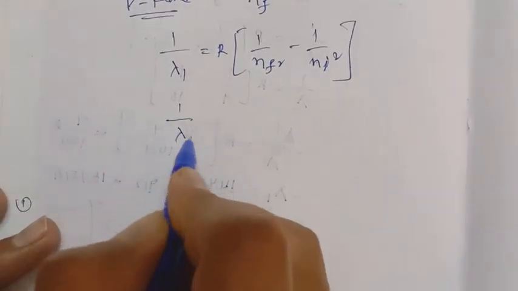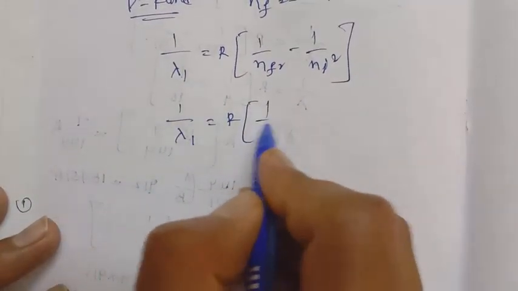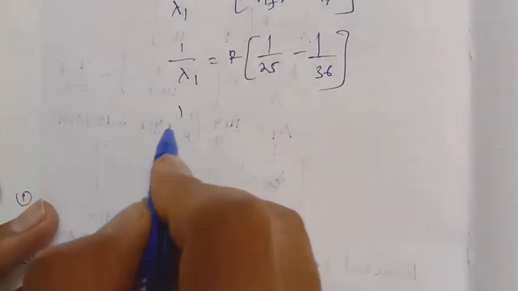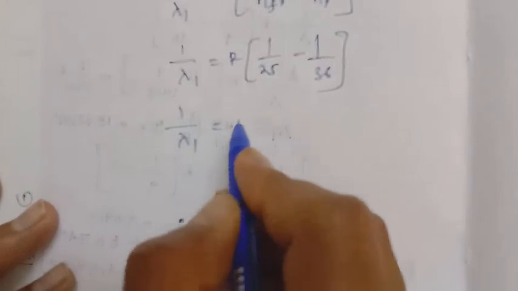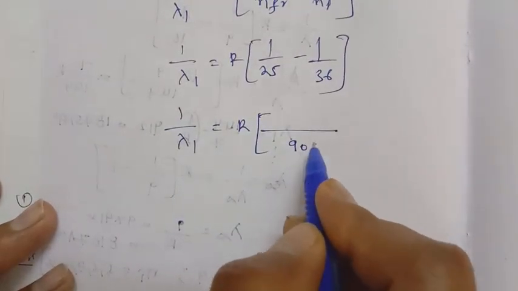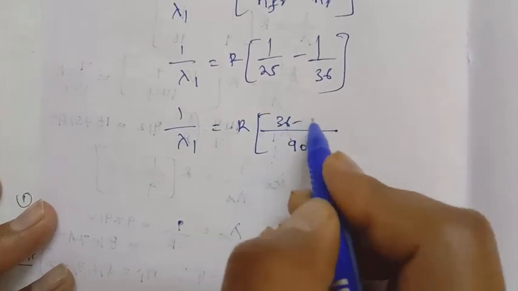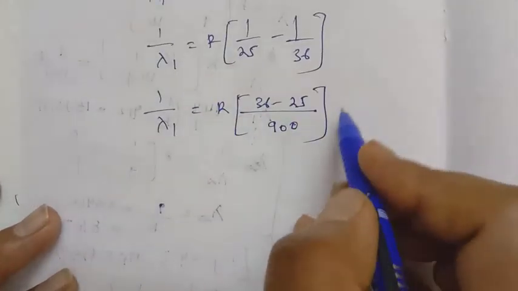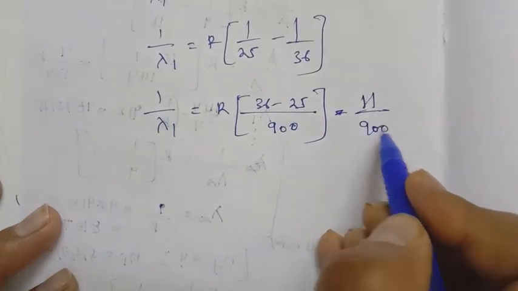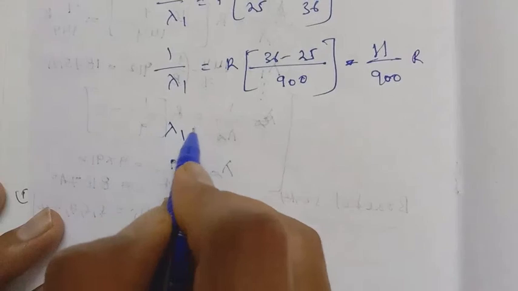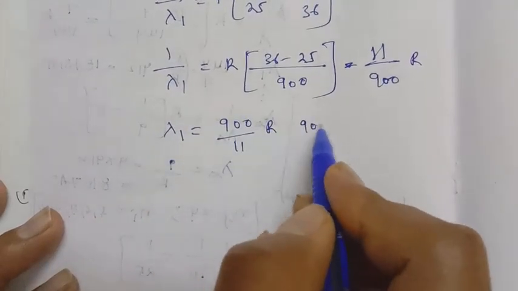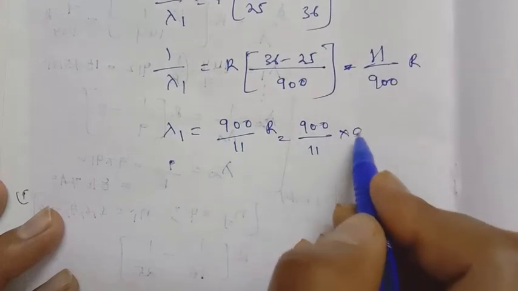So then 1 by lambda 1 is equal to R into 1 by 25 minus 1 by 36. What is the LCM of 25 and 36? It is 900. So then 36 minus 25, what is the value we are getting? 11 by 900 into R. So then lambda 1 is equal to 900 upon 11 into R. So 900 by 11 into 912.